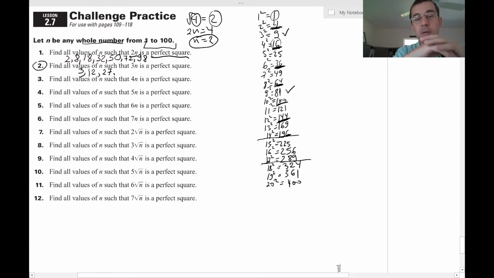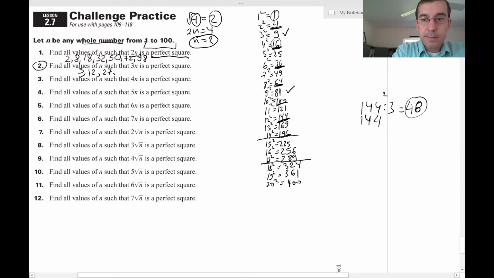So 144 divided by 3 is, you can do it here on the side if you can't do it in your head. 3 times 4 is 12, and 24, 144. So it's 48. That's another solution.